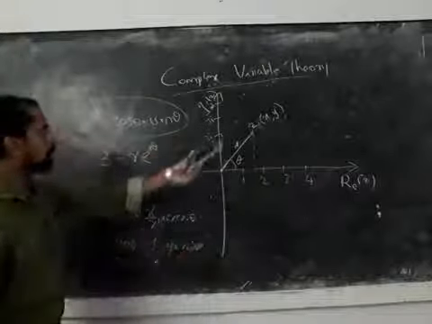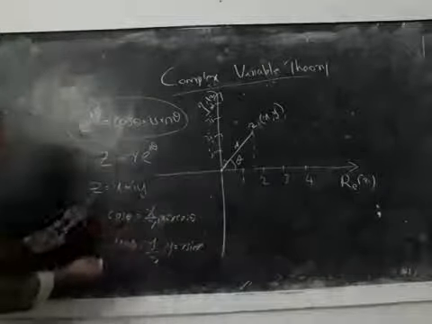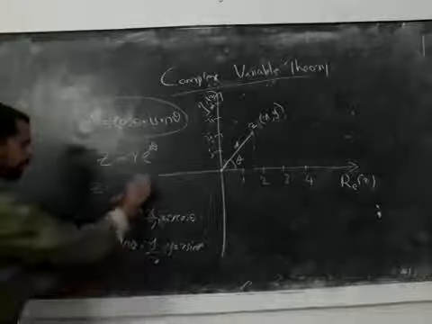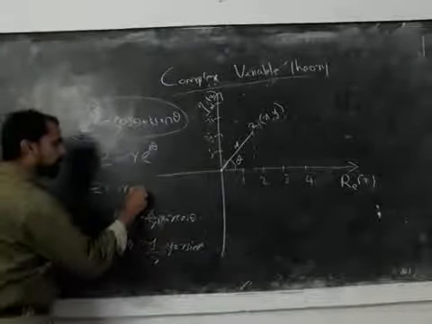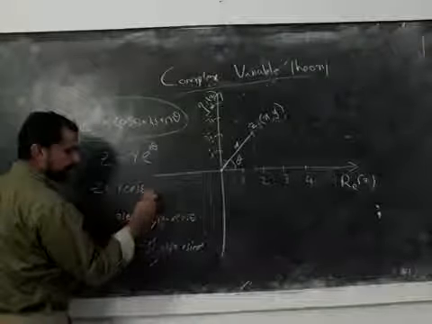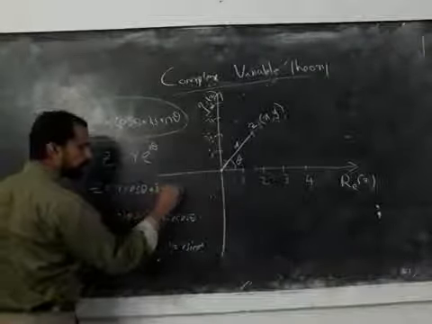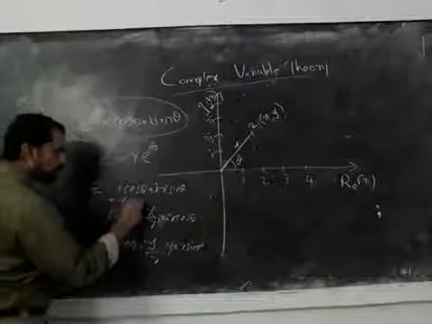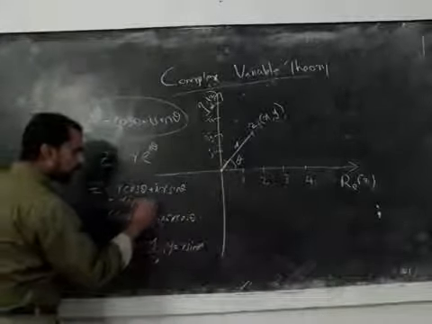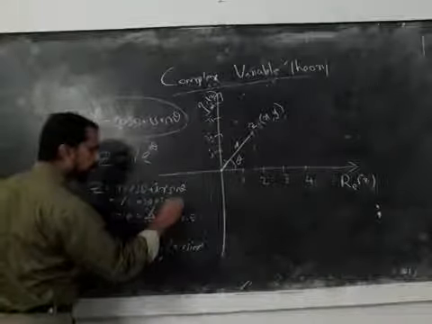We are just substituting back here, so this will give you r cos theta plus i into r sin theta, or you can take r outside: cos theta plus i sin theta.